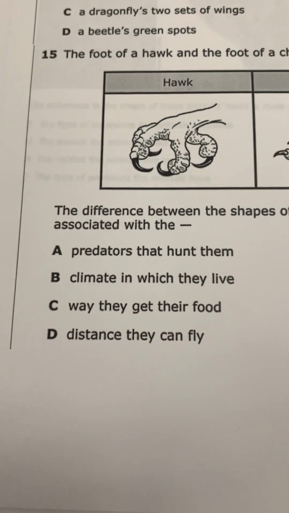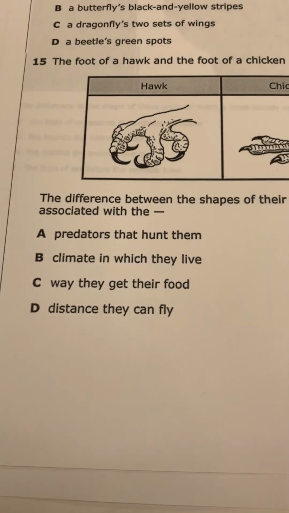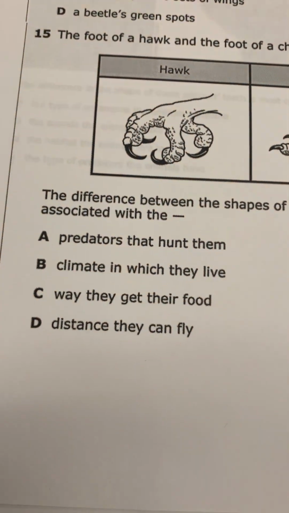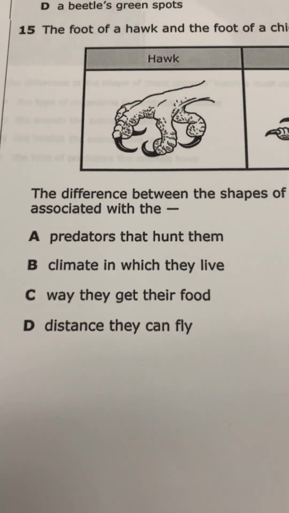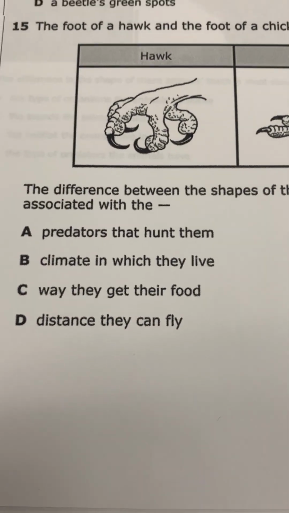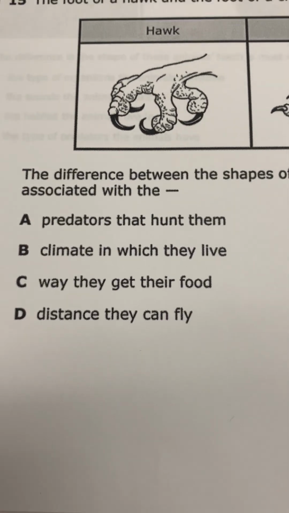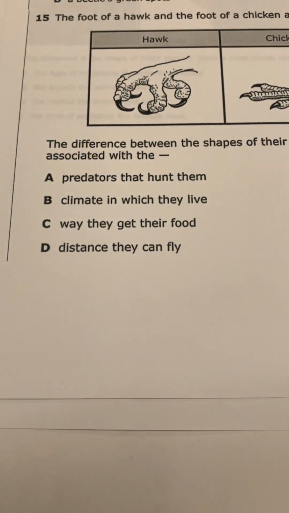Okay? The difference between the shapes of their feet is most likely associated with, is it A, predators that hunt them, B, climate in which they live, is it C, way they get their food, is it D, the distance they can fly?